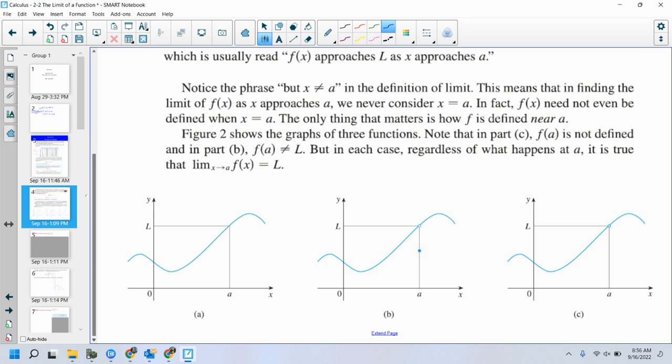So I want to evaluate the limit as x approaches a of this line, and it's going to equal some L. Okay, so that means I'm going to run values sufficiently close to a, both from the upper end and the lower end, to see where it's going to converge to. Does that change at all if I remove that point?